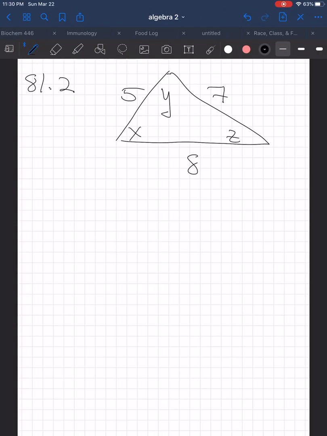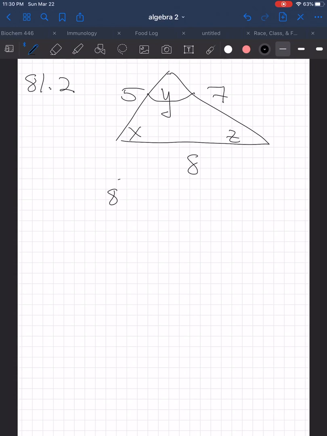So which one would be obtuse if there is an obtuse angle in this triangle? Remember, it's always across from the longest side. So the longest side in this triangle is 8. So the angle across from 8 is y. So we're going to find y first.